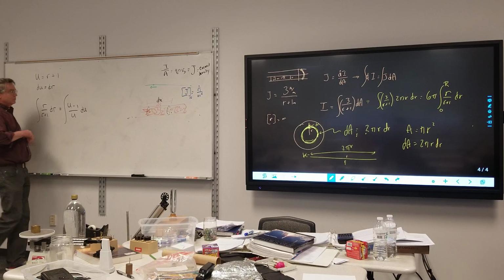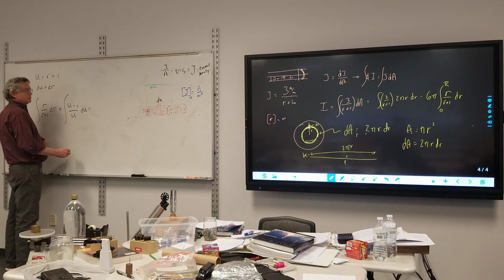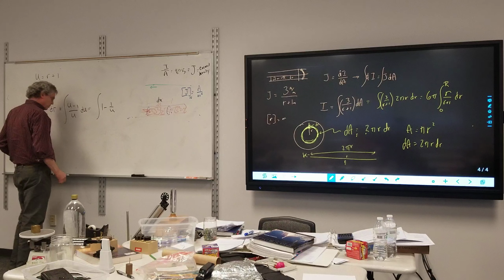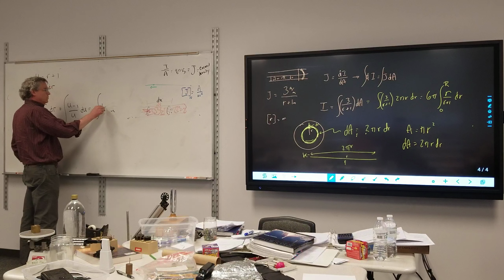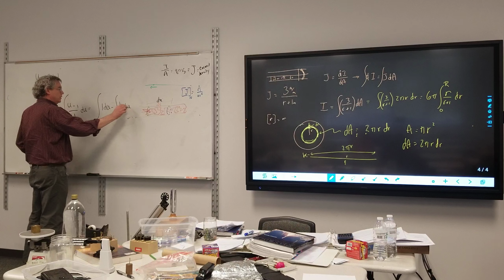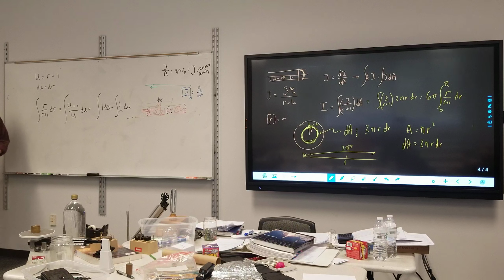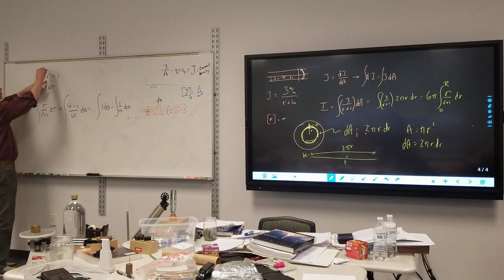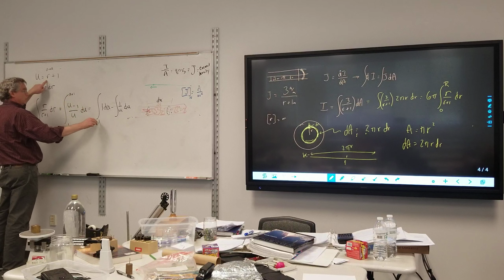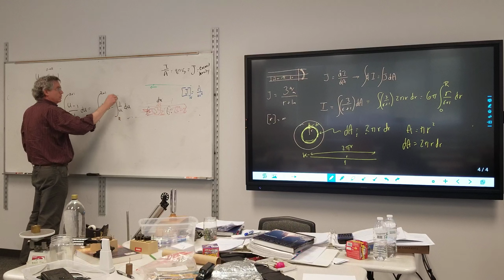So it'd be the integral of 1 minus the integral of 1 over u. Let me actually split it apart more than that. So the integral of 1 du minus the integral of 1 over u du. And so r goes from 0 to big R, so u is going to go from 1 to R plus 1.